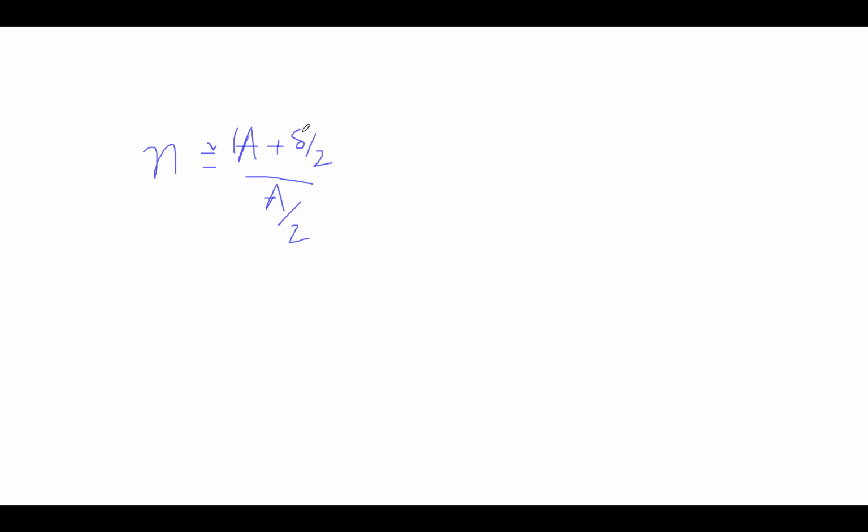So this is A plus delta whole by 2, so that would be equal to 1 plus delta by A, or I can write another expression for delta, the angle of minimum deviation, as the angle of the prism times n minus 1. We got an approximate expression for delta.